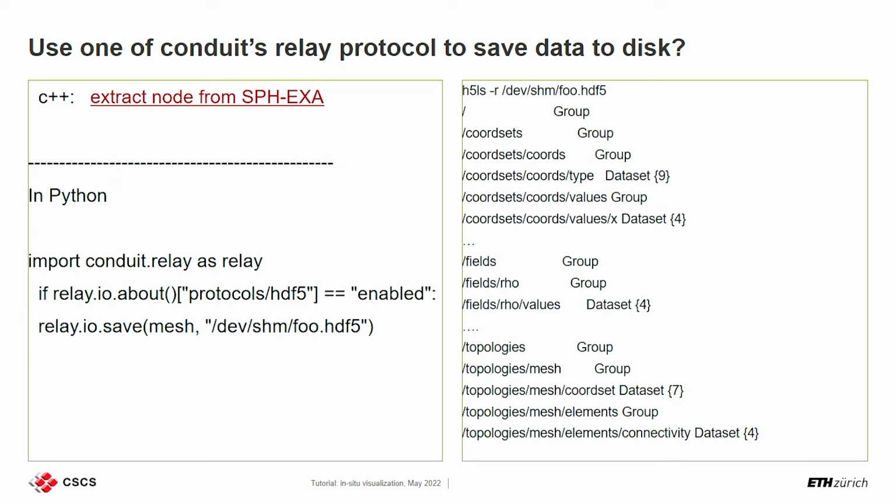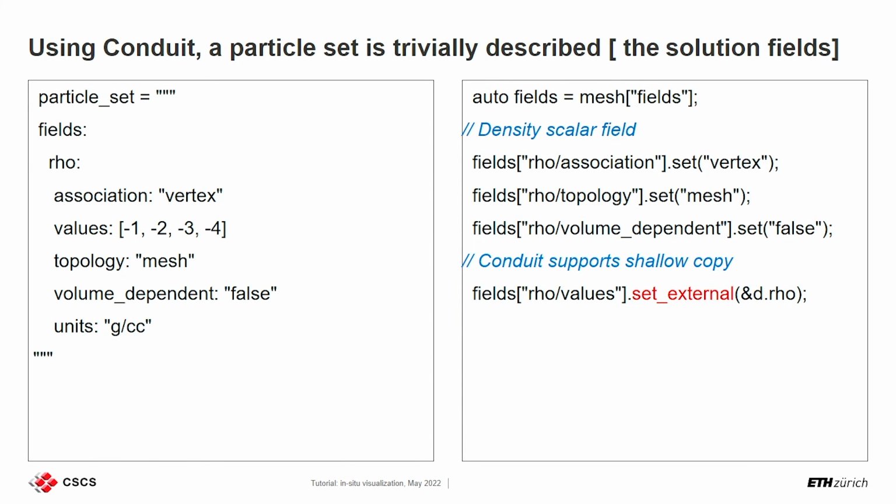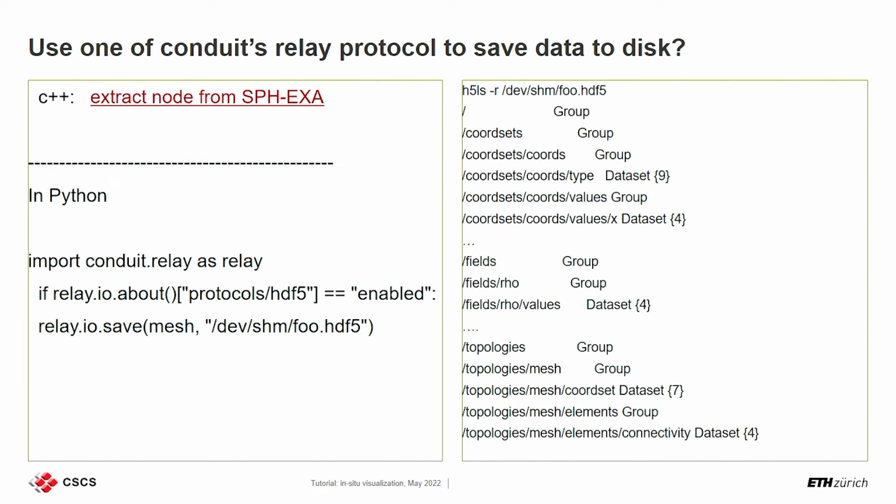You can save it to HDF5, and it looks just like this. If I do an h5ls of my file name here, it's a group with a data set, with a hierarchy, a group for fields, for each variable, another hierarchy, etc. So nothing surprising if you know the HDF5 format.